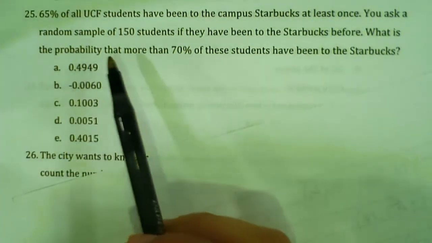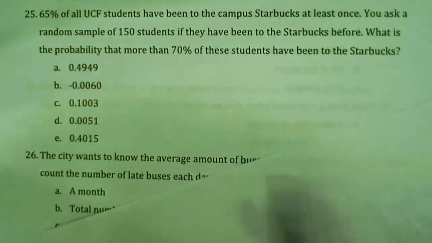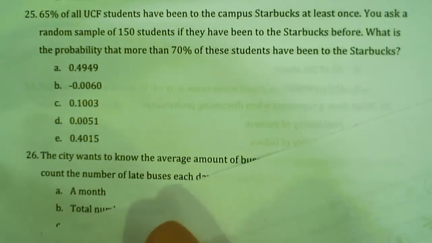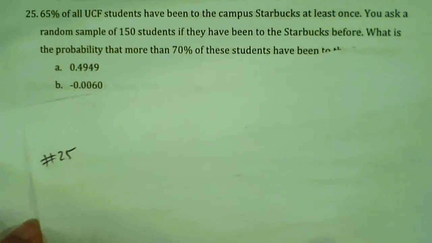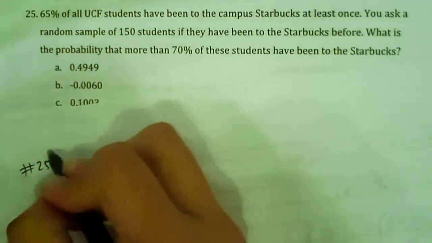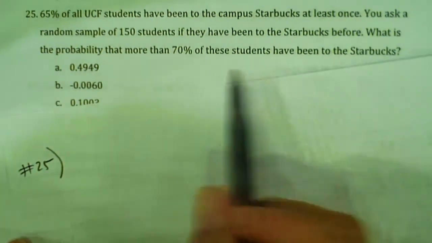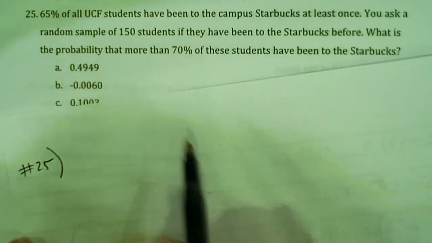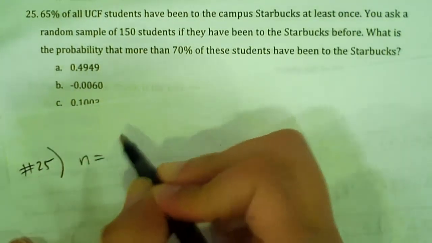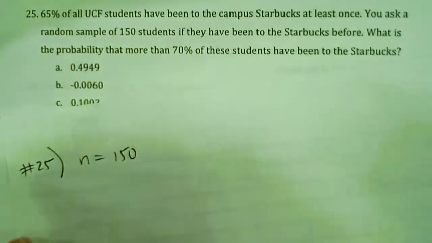So 65% of all students. So number 25. We know that the sample is 150, right? Probability.